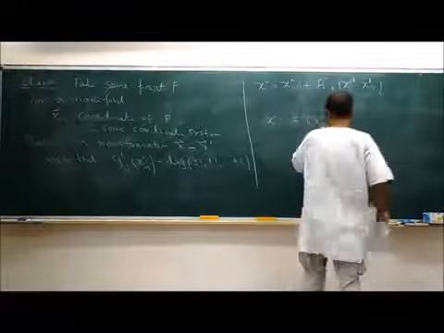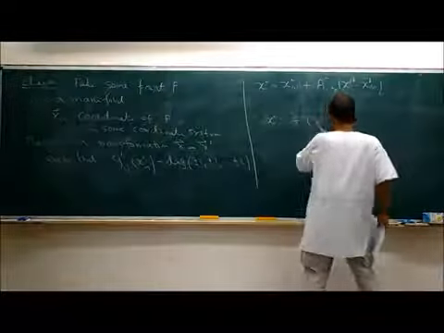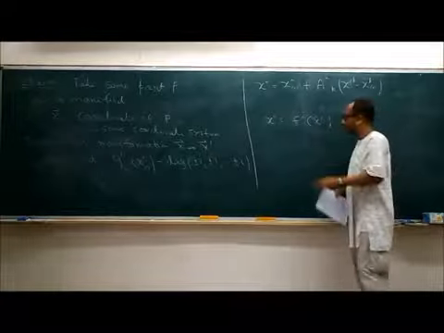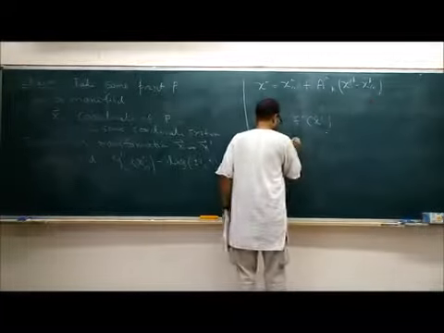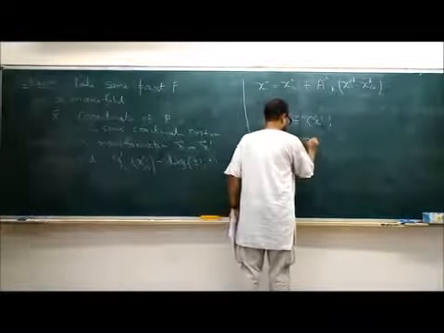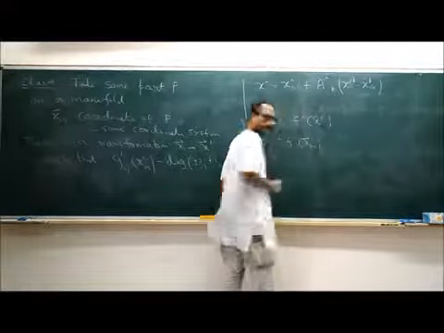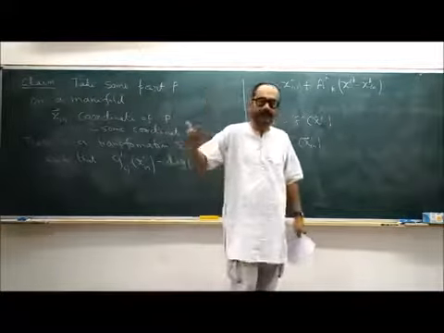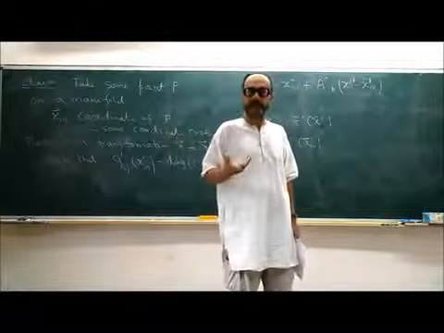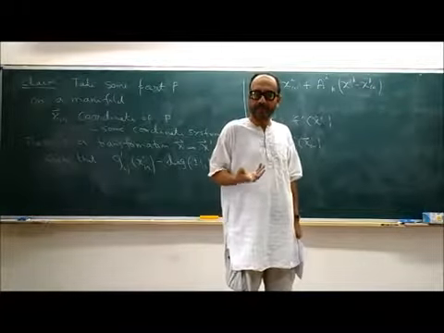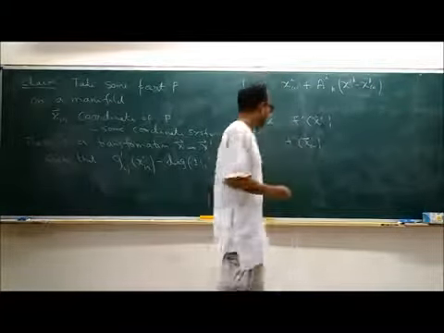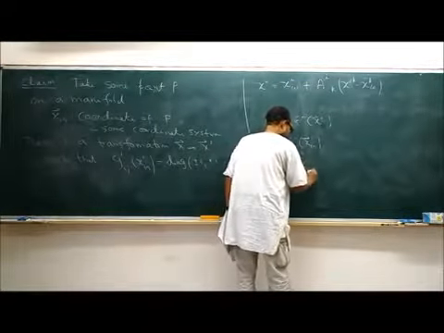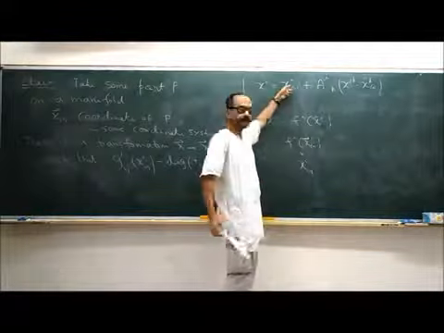When x prime is equal to x prime naught, what is x_i of x prime naught? It is x_i naught by definition, because x prime naught is the coordinate of the point P in the x prime coordinate system, and x naught is the coordinate of the same point in the x coordinate system. So this is nothing but x_i naught. That's the first term I have written.